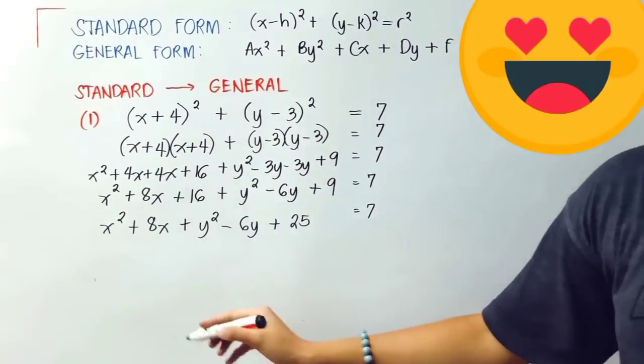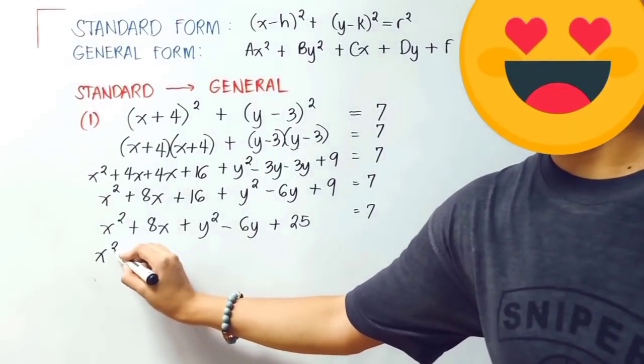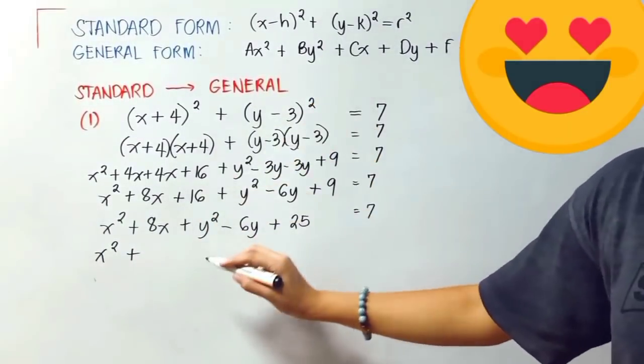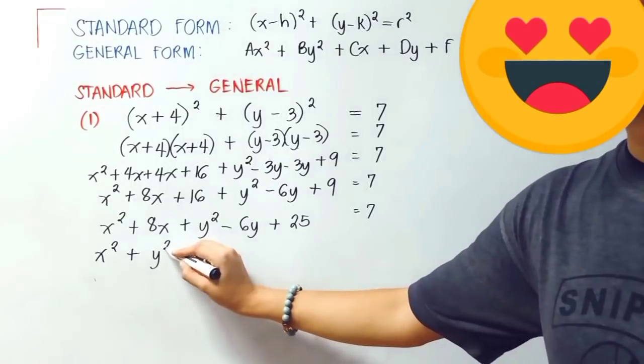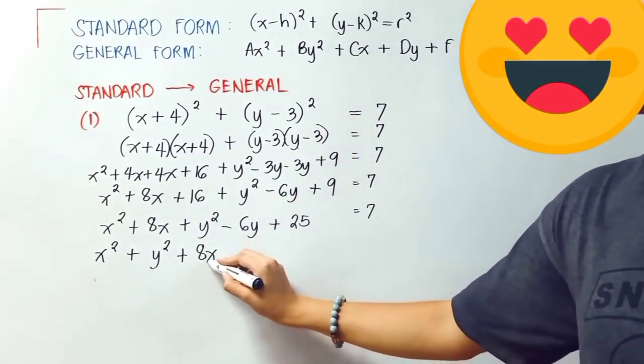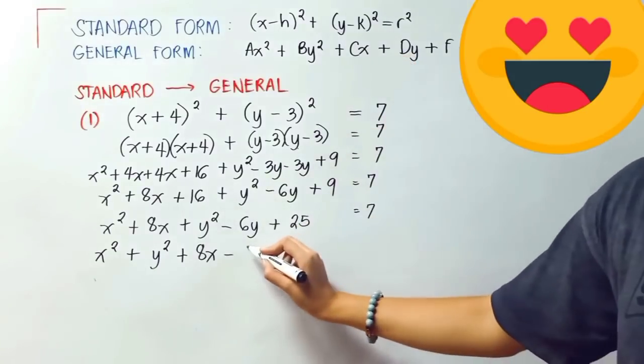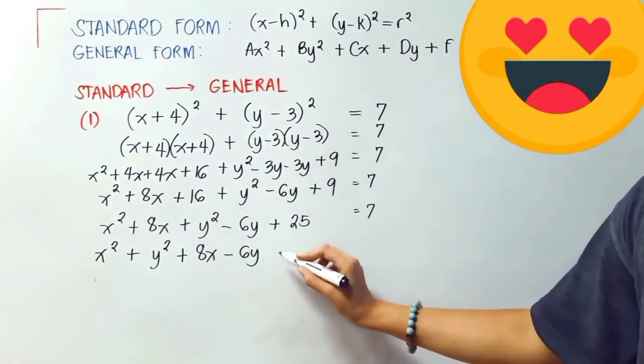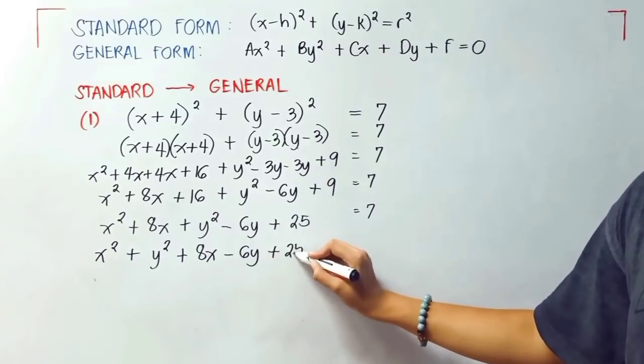Our answer should be in this form. So we have x squared plus y squared plus 8x minus 6y. We'll just copy 25 here.